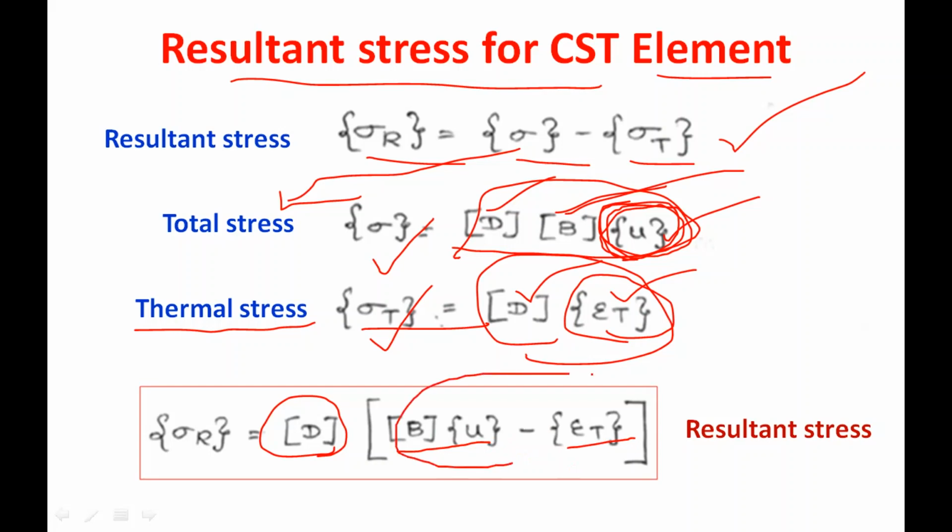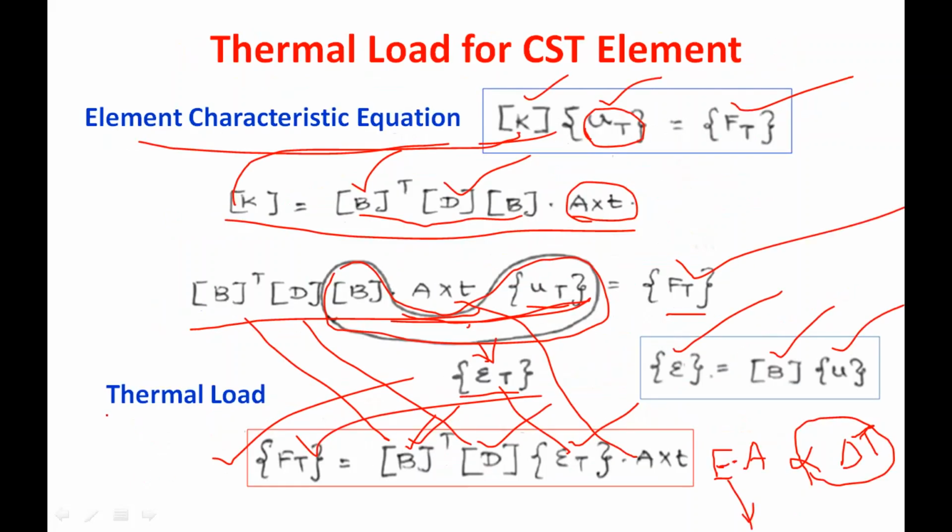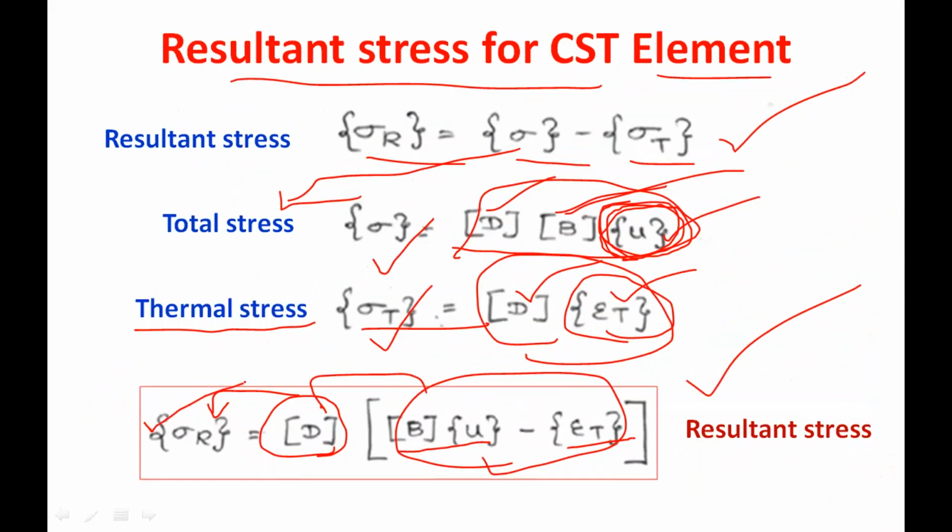This is the net strain, multiplied with the D matrix it will give you the net stress or resultant stress. When you calculate resultant stress for the 2-dimensional CST element problem which is subjected to both structural and thermal load, we have to remember this expression. We derived the expressions for a CST element: how to calculate the thermal load for a temperature change of del T, and also because of the temperature change, how to find the resultant stress sigma R.